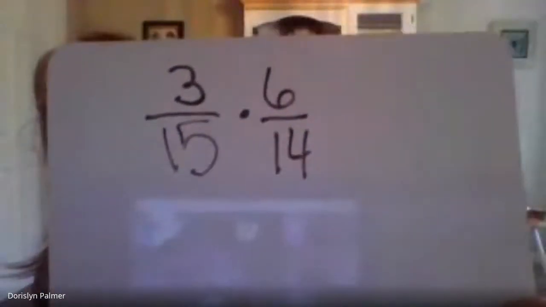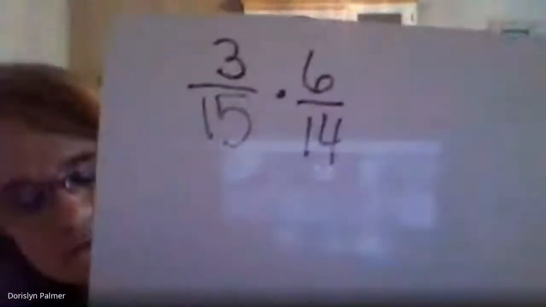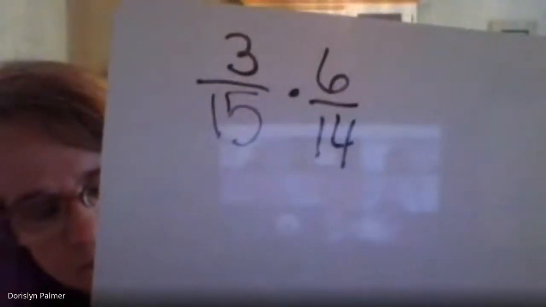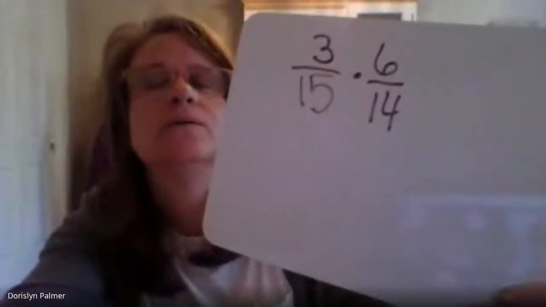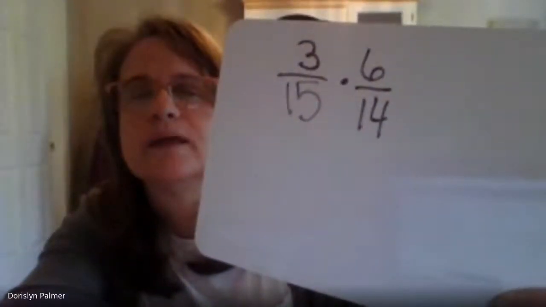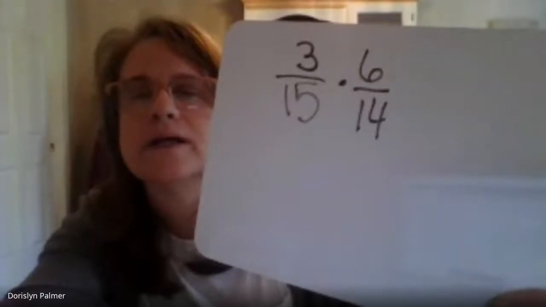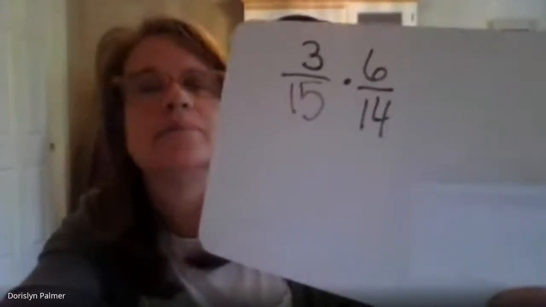So 3 pitchers out of 15 times 6 infielders out of the 14 guys we got left. And they wanted to know what is the probability it would be a pitcher and an infielder? Okay. So go ahead and do your math for that one.